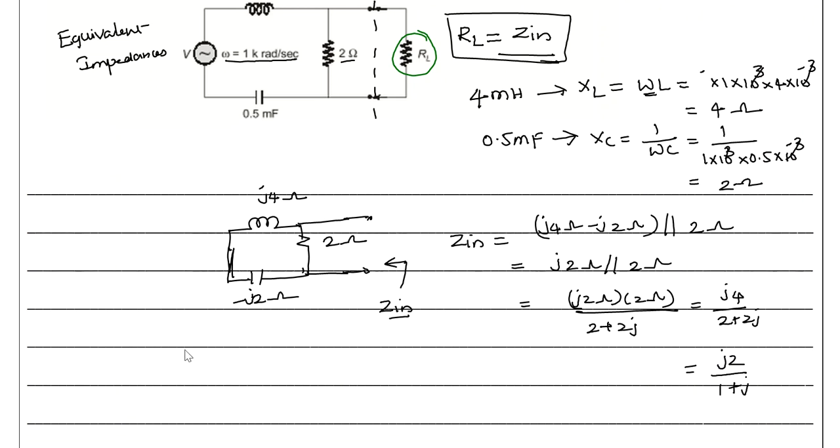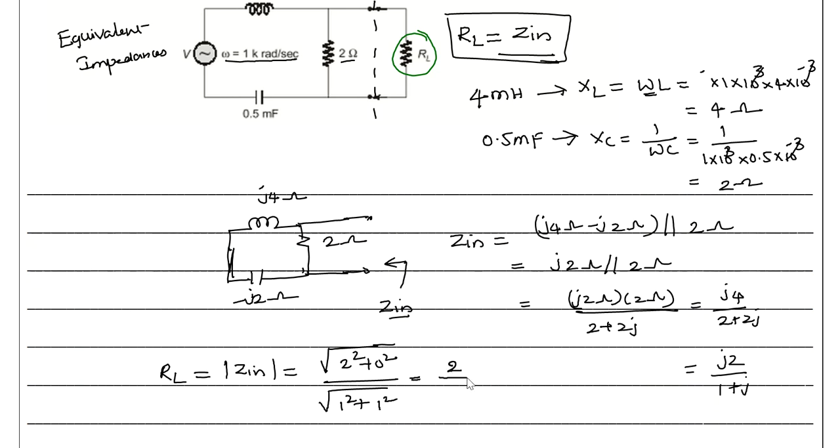Now for the maximum power transfer theorem, the load resistance magnitude should be equal to the Zin magnitude. For this reason, we'll find the magnitude of this Zin value. That is square root of 2 squared plus 0 squared, divided by square root of 1 squared plus 1 squared.